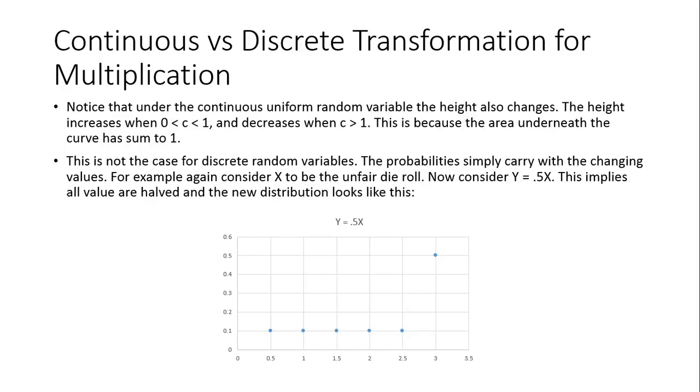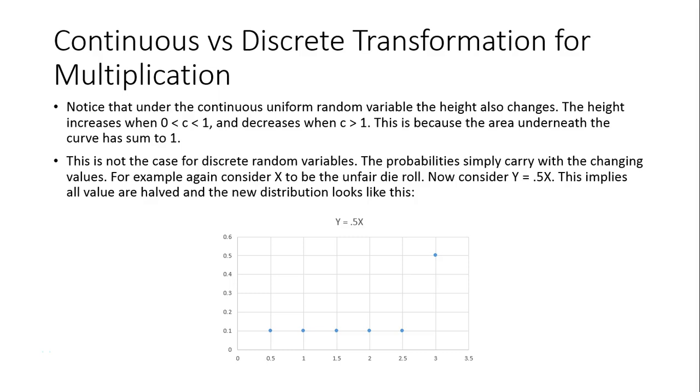So here's another one. Notice that under continuous uniform random variable, the height also changes. In particular, when c is between 0 and 1, the height increases, just so the total area is 1. Keep the total area 1.